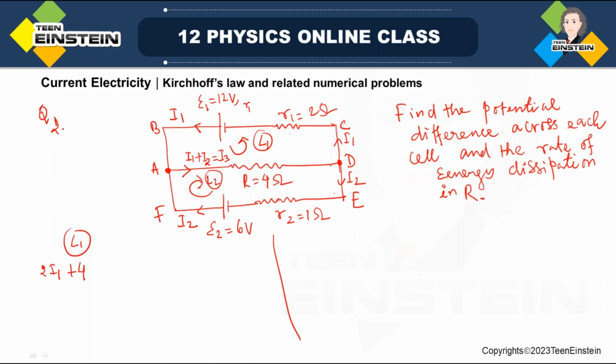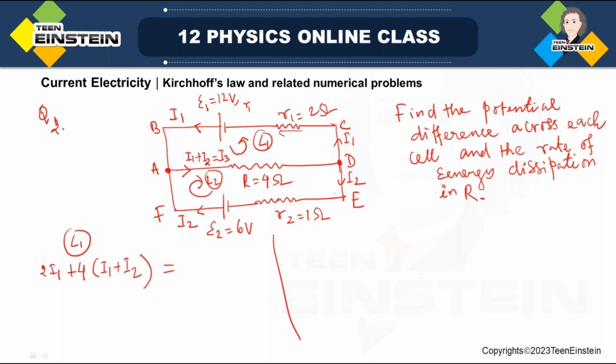I'm going from D to C, C to B, B to A to D. From C to B in this path, the current is also going in that direction only. That's why I have taken 2 into I1. Now in this branch A to D, there is a resistance 4 ohm. There also the current is flowing in the same direction, A to D. So that's why I can write 4 into I1 plus I2.